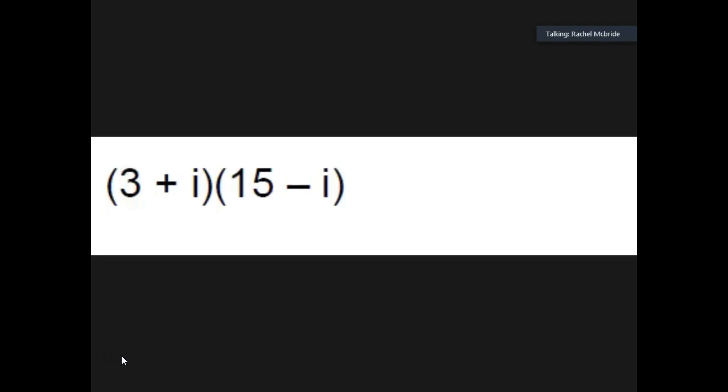Okay, next problem. This is a FOIL problem. Okay, I filled in what I think the answer is.